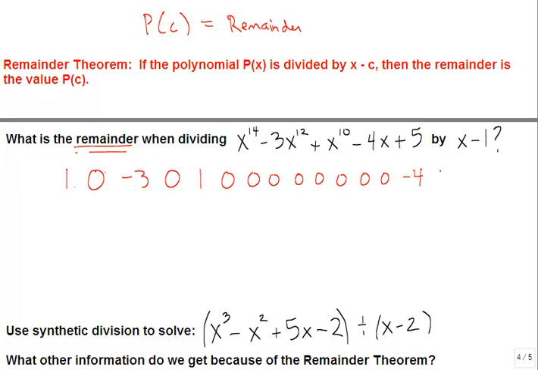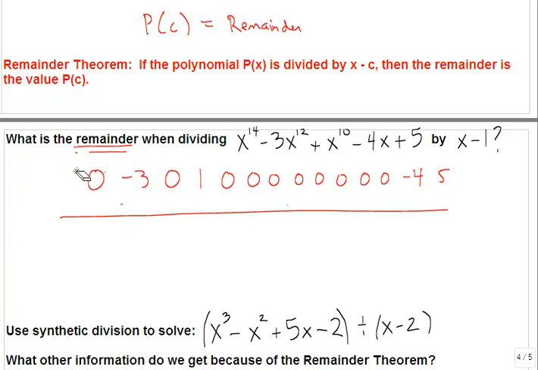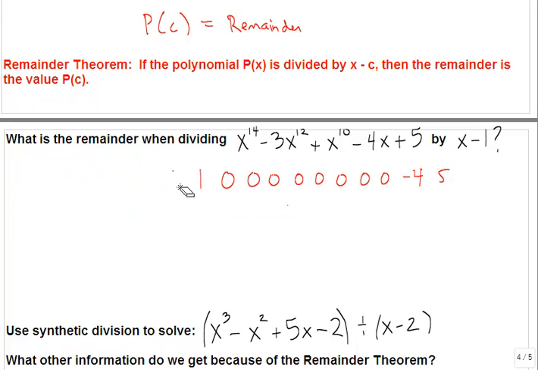Here's our 1, and here's our constant. And then we would divide all that by 1. Because this is such a high-powered polynomial, you'd have to do all of this. Not that that's impossible, but it's a little tedious because there are so many columns to work through. So here's the benefit of this remainder theorem.